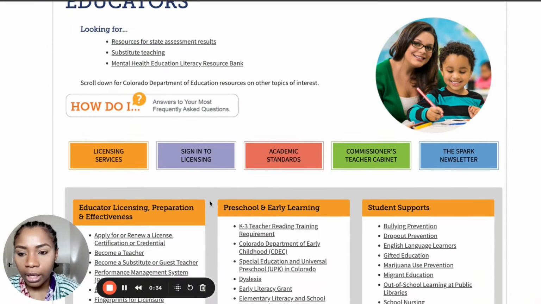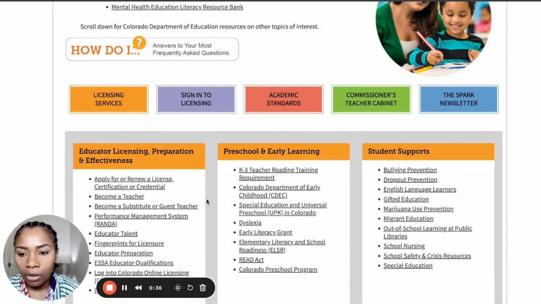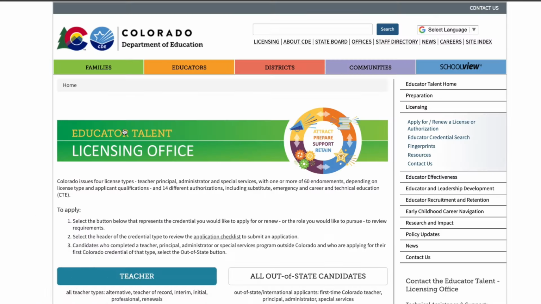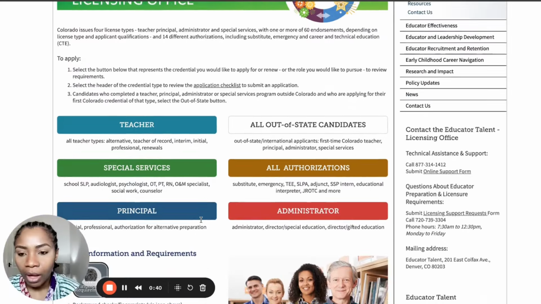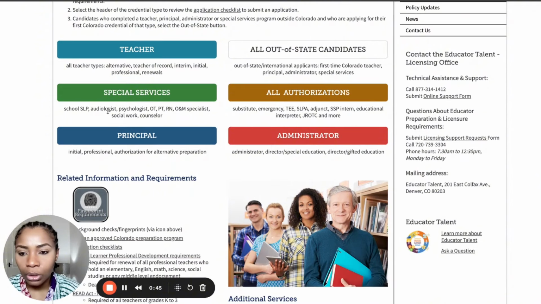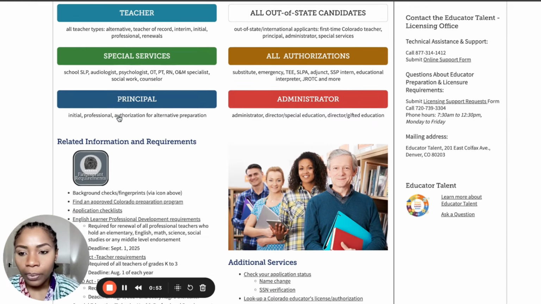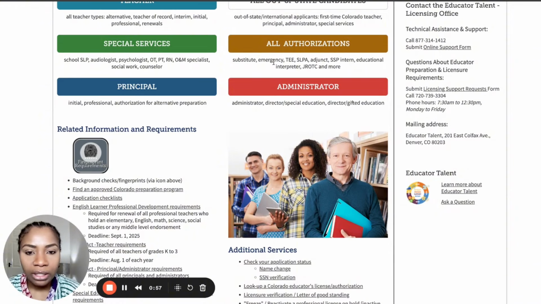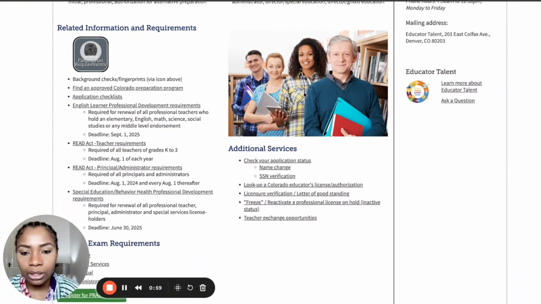And if you look here, you see that they offer different kinds of licensing services. The ones for teachers, special services, for audiologists, psychologists, and different specialists within the educational sector. Then they also have licenses for principals, administration, and so on.